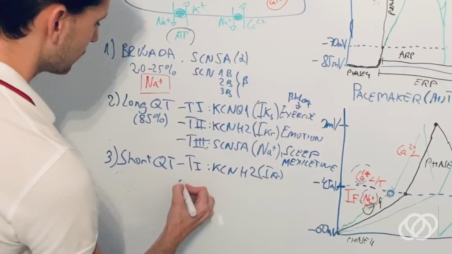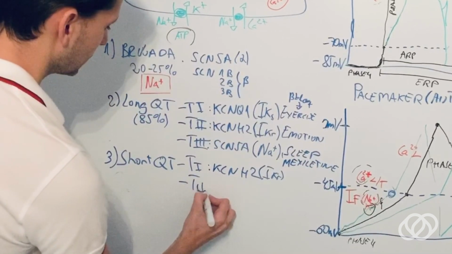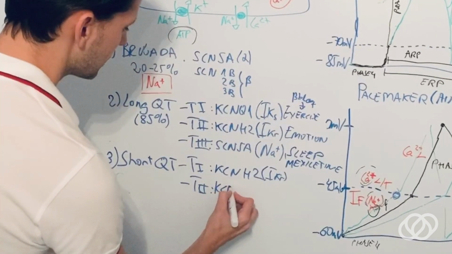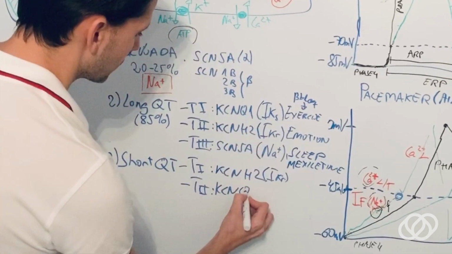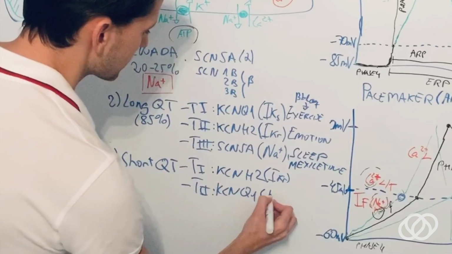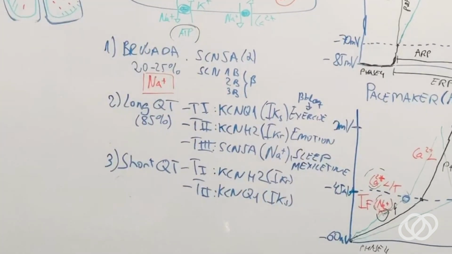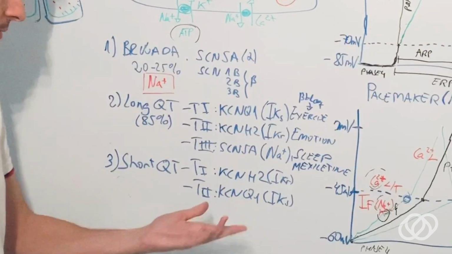And the type 2 will be by the KCNQ1 that codifies the IKS. Here, the problem will be just the opposite.